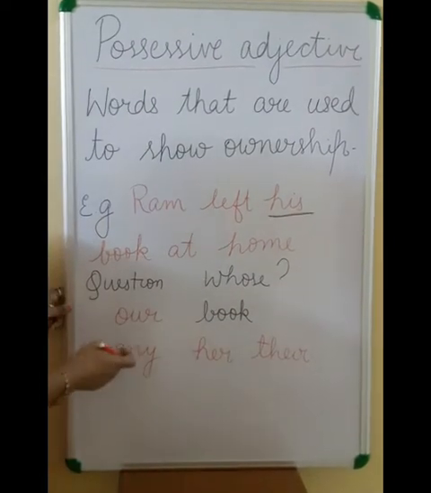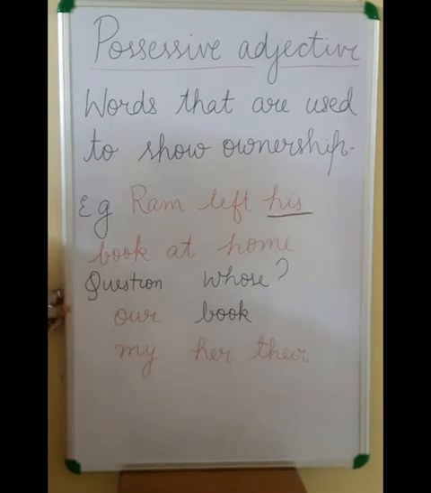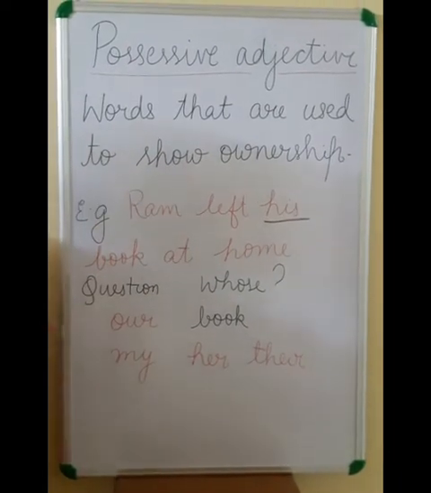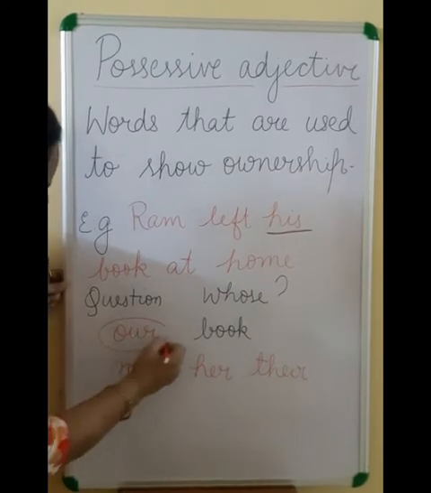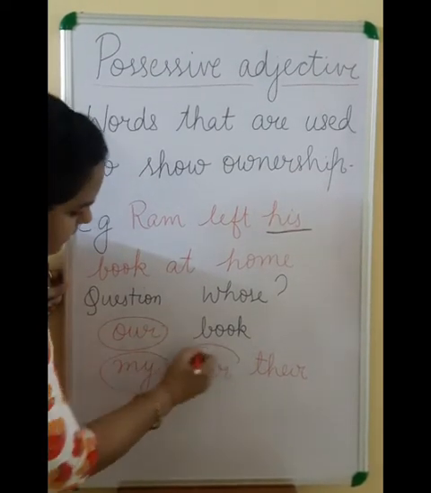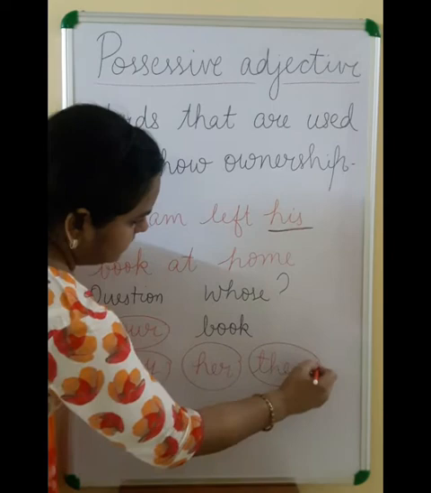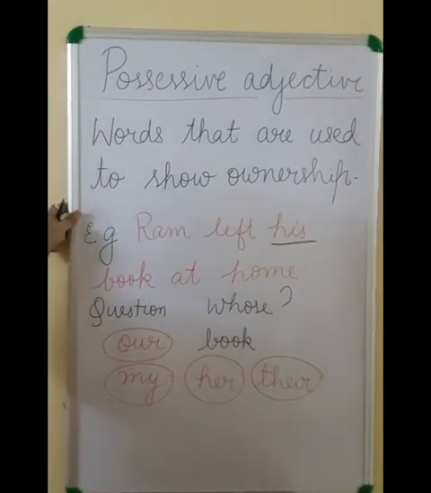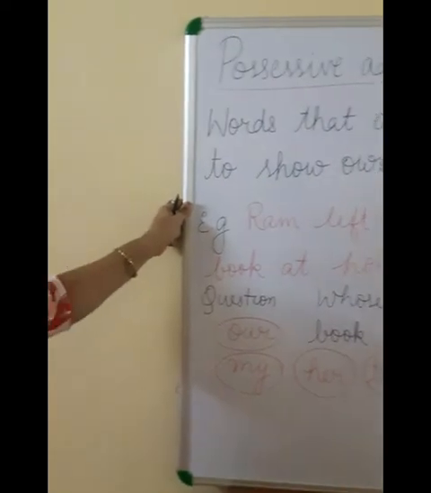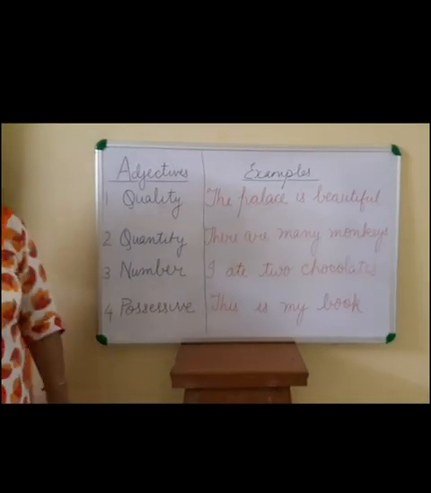So these are the different adjectives that we can use with book. So these are the possessive adjectives. Understood? Our, my, her, their. So children, I hope all kinds of adjectives are clear to you.